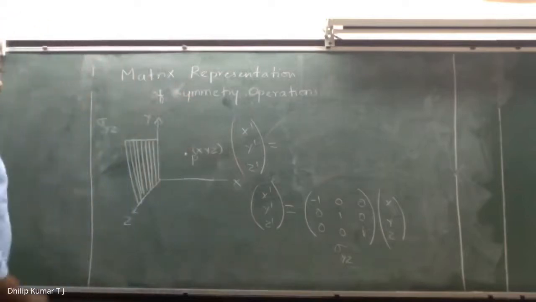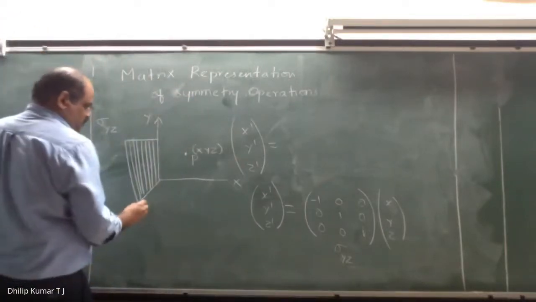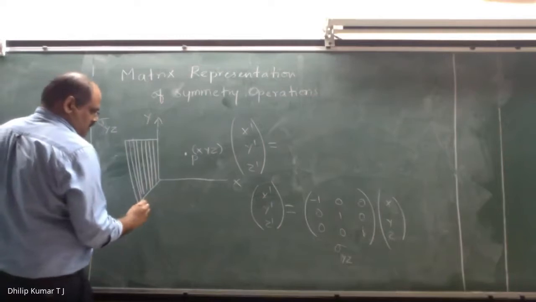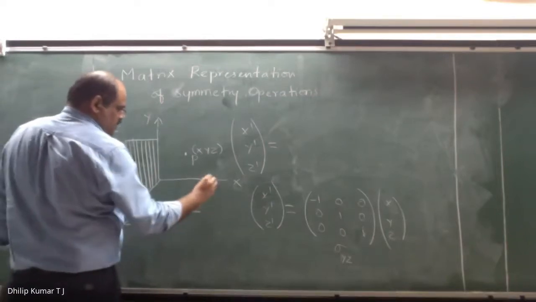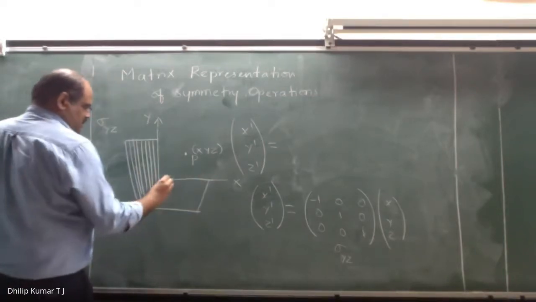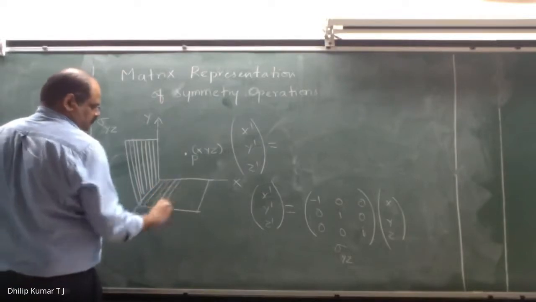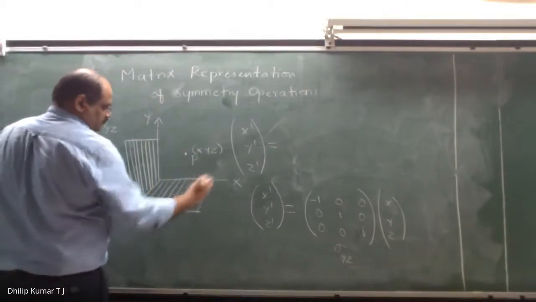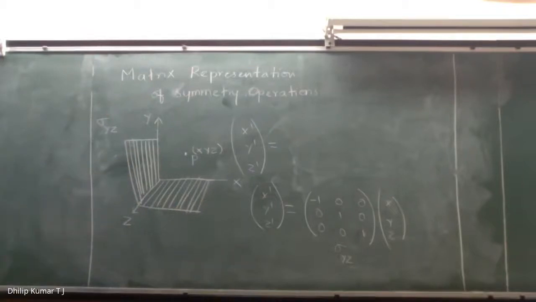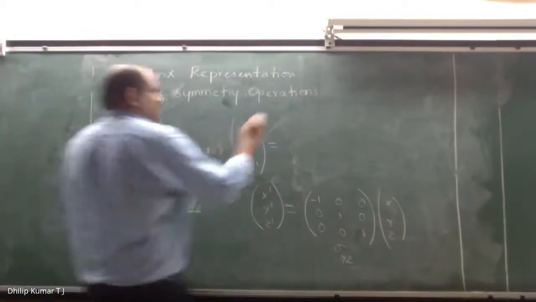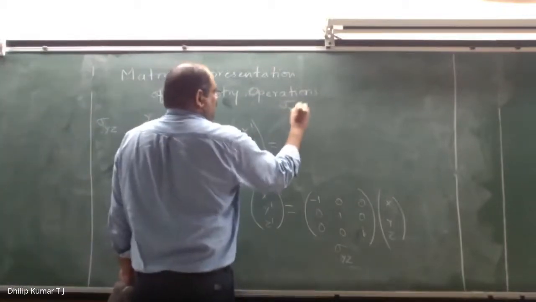So say I'm cutting the molecule through this plane. Let me put a parallel line, this one. If I cut the molecule through the xz axis, this is sigma xz.